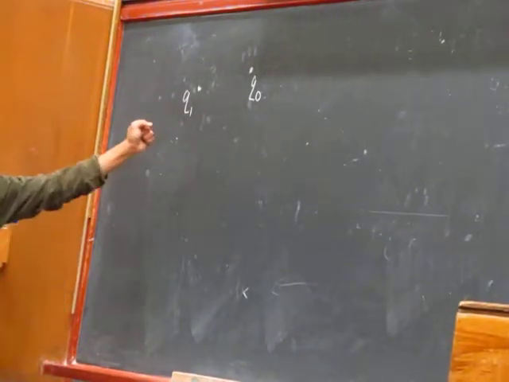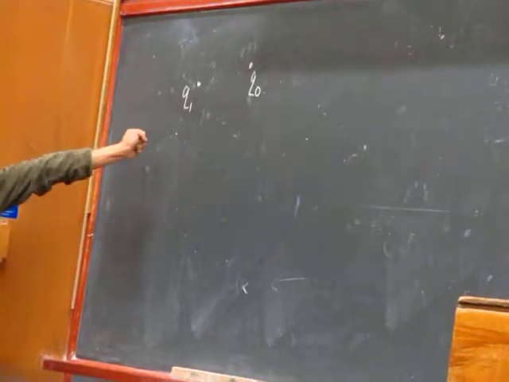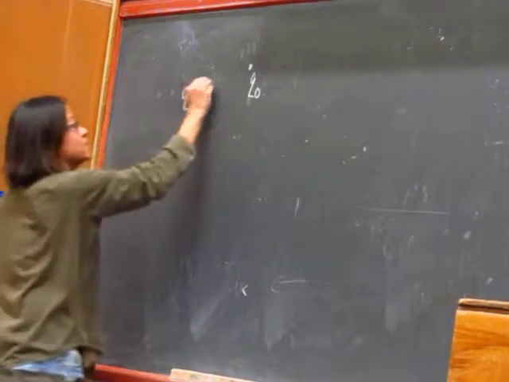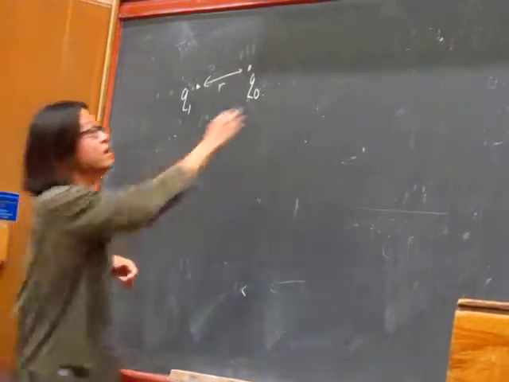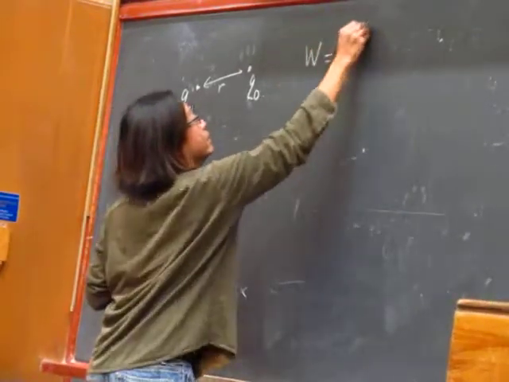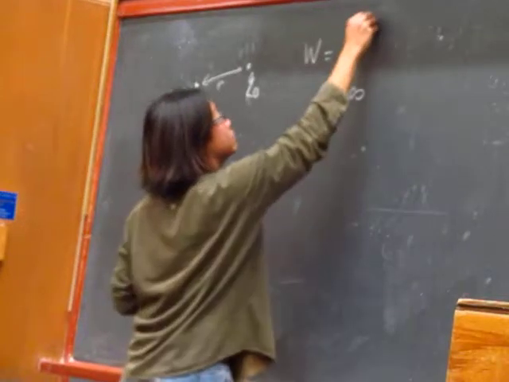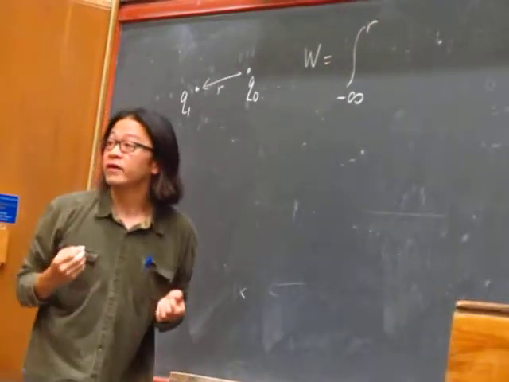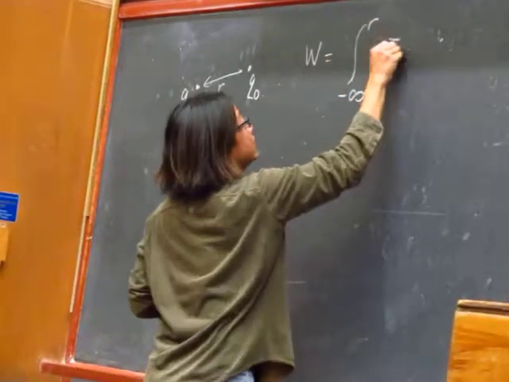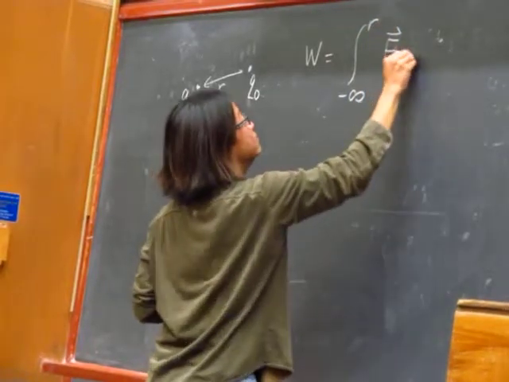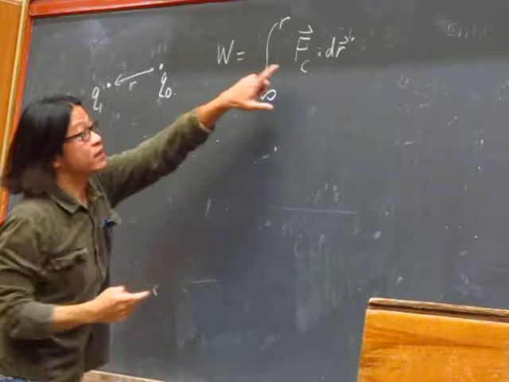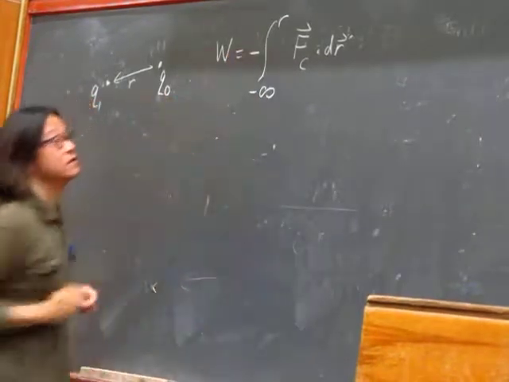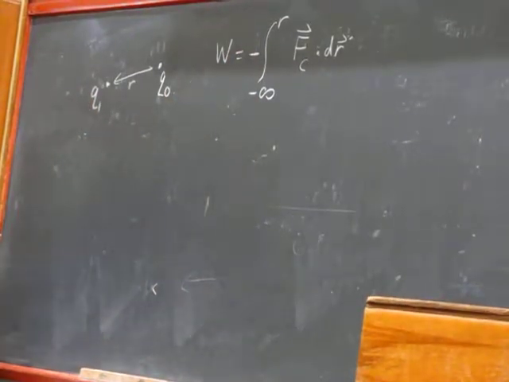You bring these two charges from infinity to a distance r from one another, and you have to do work. That work is an integral from infinity to position r of F Coulomb, and you have to work against the Coulomb force, so it's the negative sign.